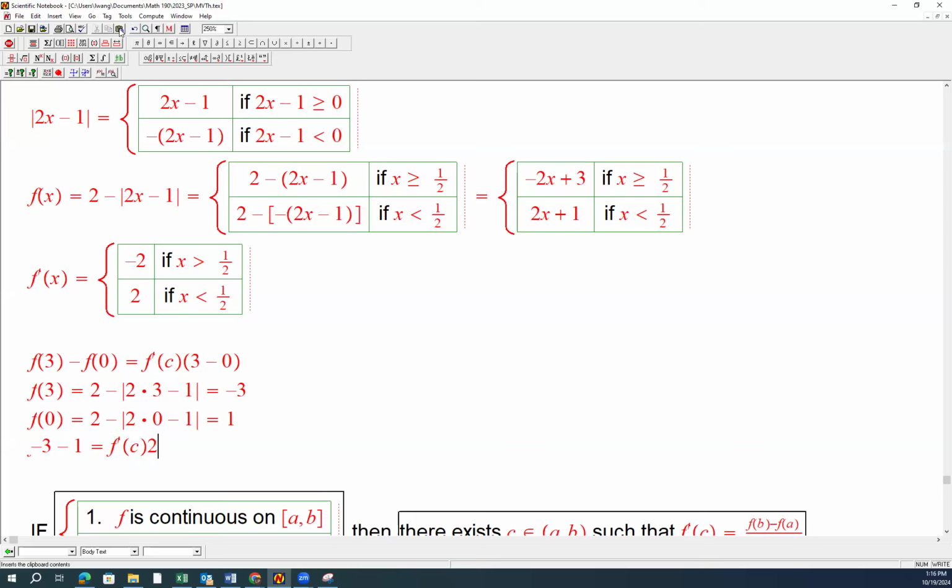So we're going to put in negative 2, and they're the same. But if I put in positive 2, this is a false statement, and the other is true.